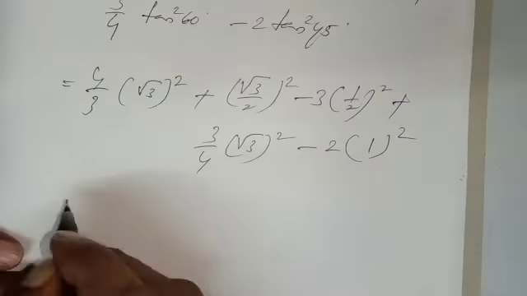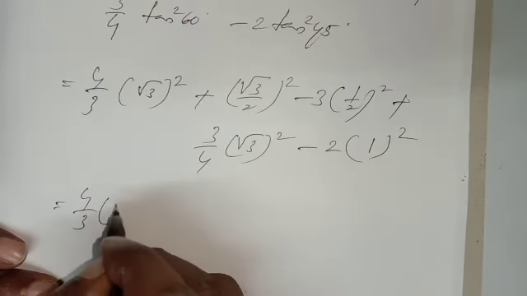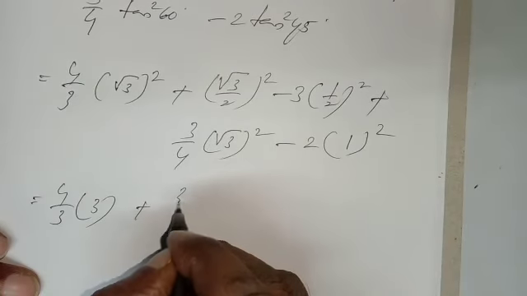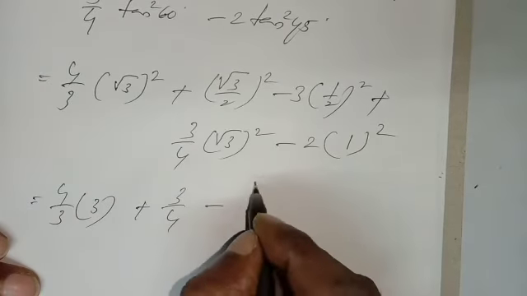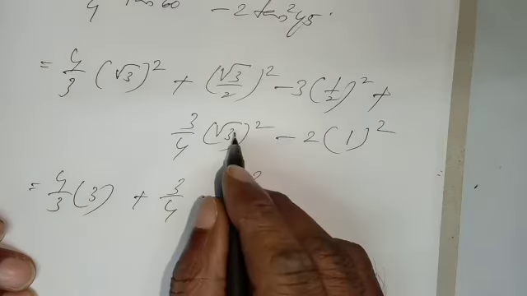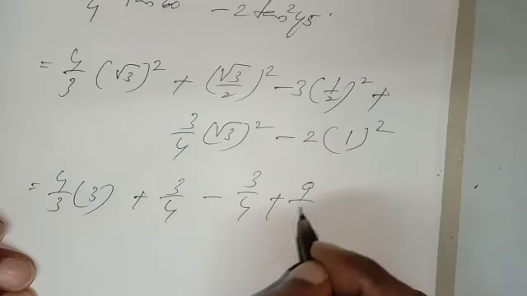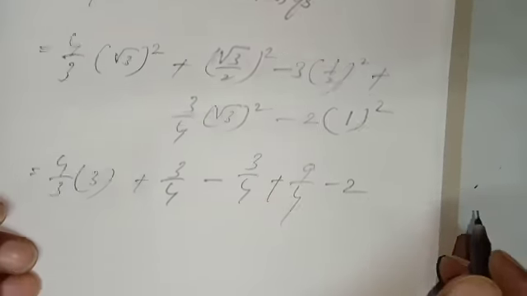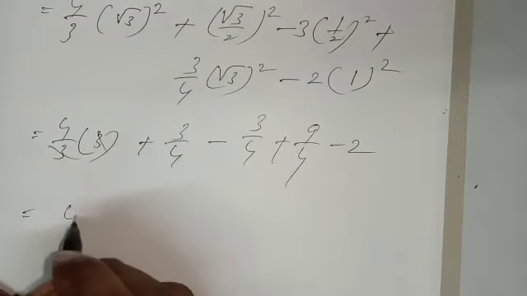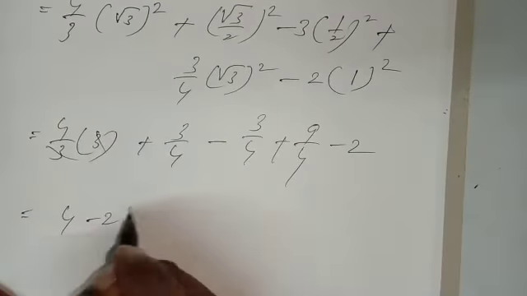After that you see how much you are getting. 4 by 3 times the square of tan 30, plus root 3 by 2 whole square, which is 3 by 4, minus 3 by 4, plus 3 by 4 times root 3 whole square, which is 9 by 4, minus 2. After the normal simplification, the 3s will be cancelled. Keep it like this.